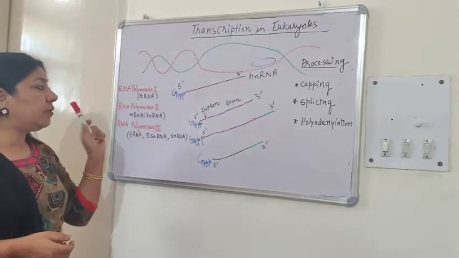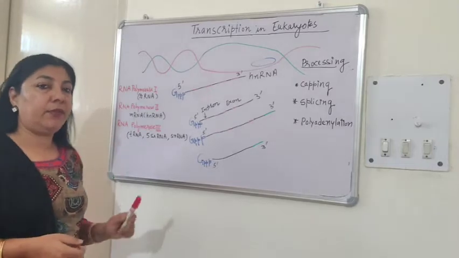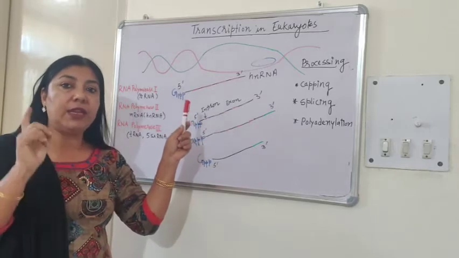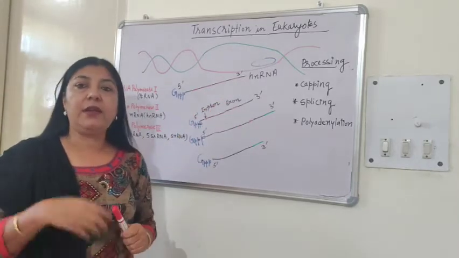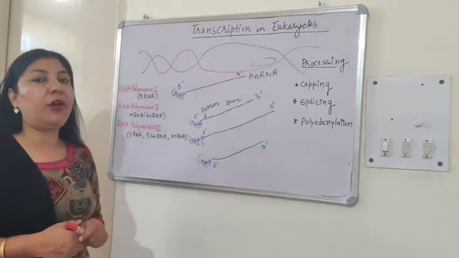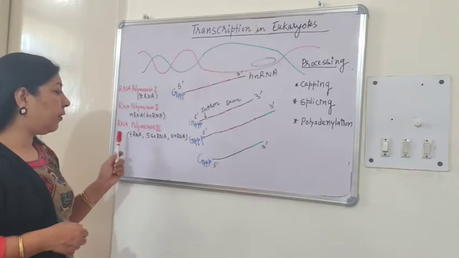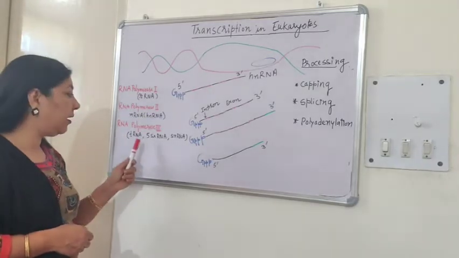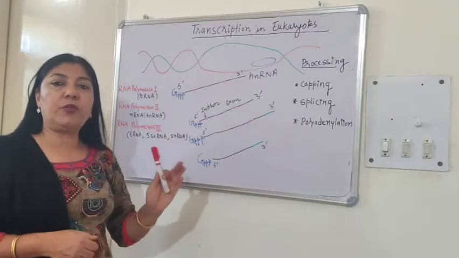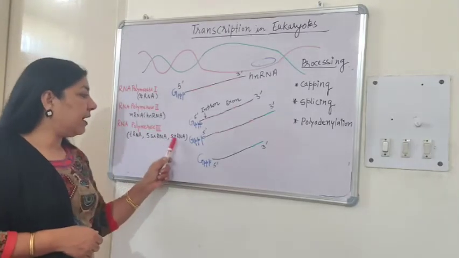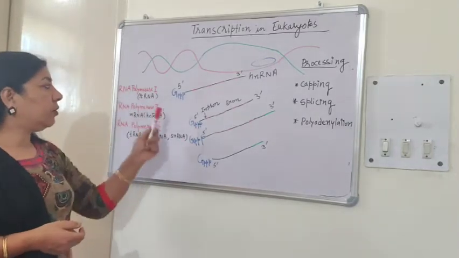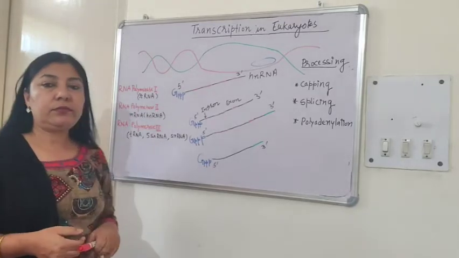Whereas RNA polymerase 2 is the main enzyme which is responsible for transcribing the mRNA, which is initially hnRNA, that is heterogeneous nuclear RNA. And there is RNA polymerase 3, which transcribes tRNA, that is transfer RNA, 5S rRNA, that is small ribosomal RNA, and snRNA, small nuclear RNA. Okay, so this is one complexity.